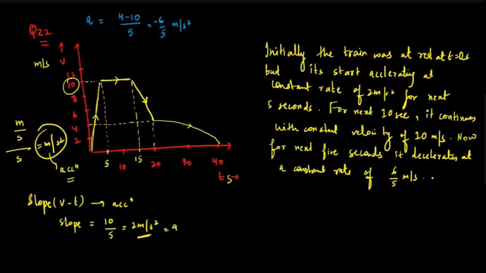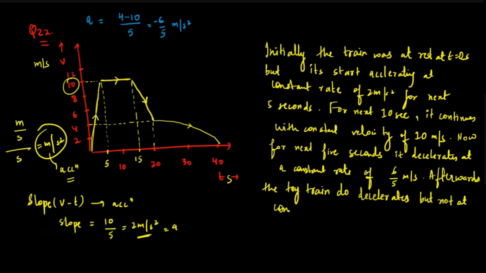So we will mention here that afterwards, the toy train does decelerate, but not at a constant rate. It reduces its speed to 0 in next 20 seconds. That's it.